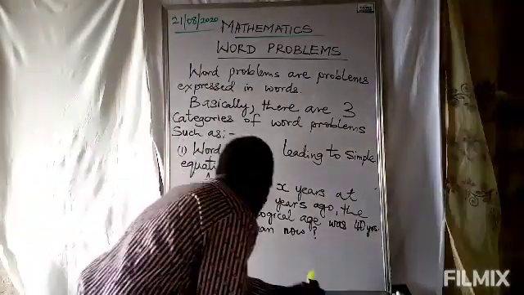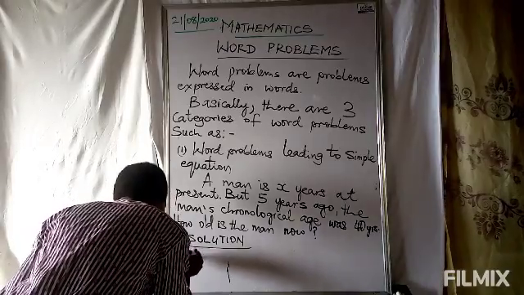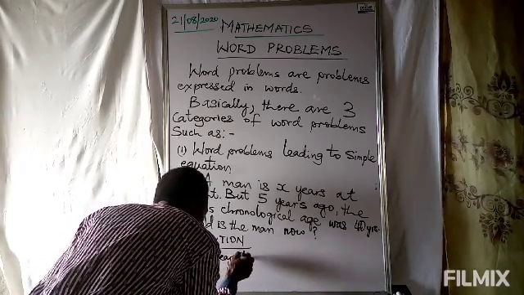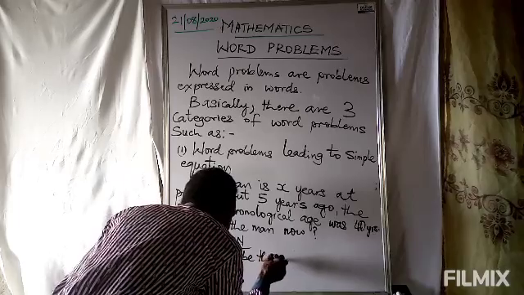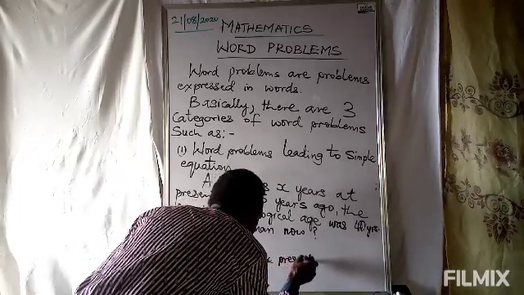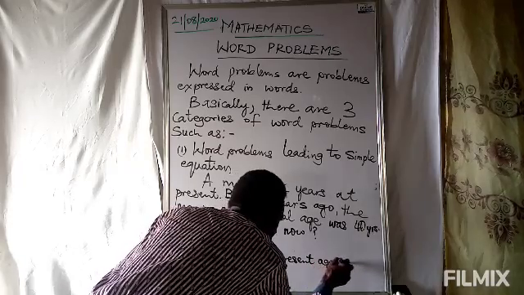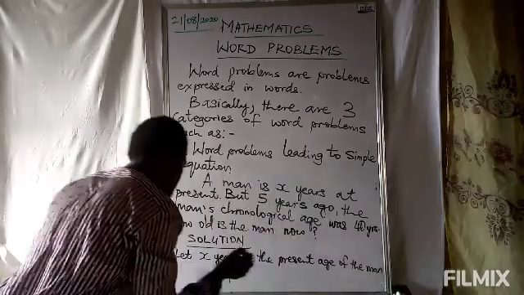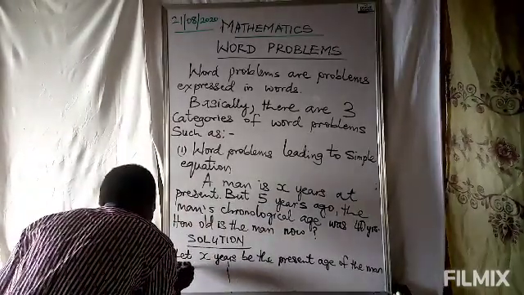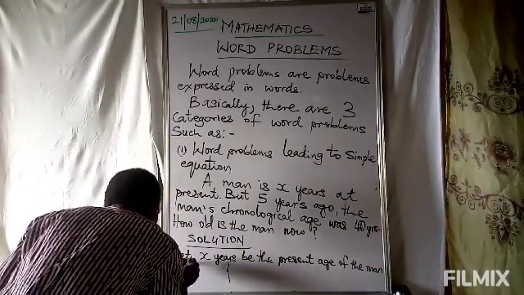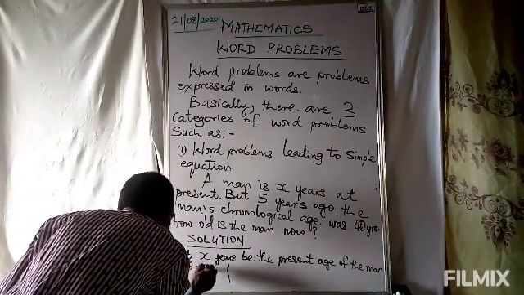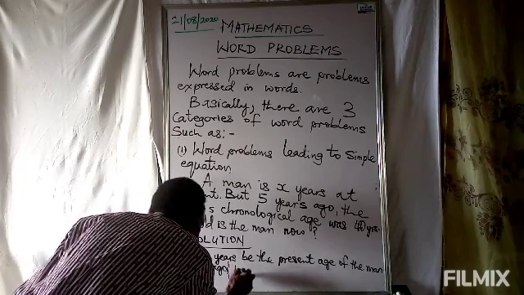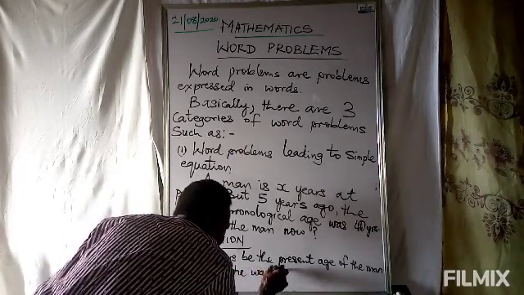So, let S years be the present age of the man. Therefore, 5 years ago, he was 40 years.